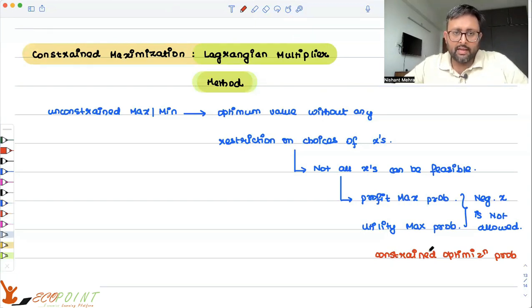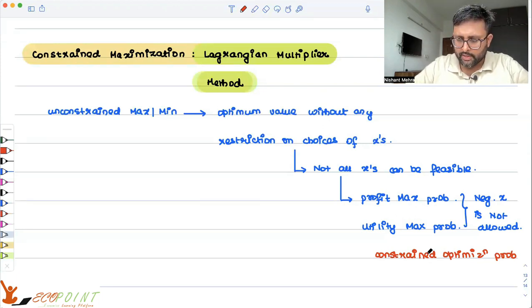For example, I would want to consume anything. Not only that, in the utility maximization problem, don't you think I am also constrained by my income? I would want to consume an infinite amount of x's, but can I? No, I can't. I am constrained by my income. When I am constrained by my income, that is also a constrained optimization problem, right?